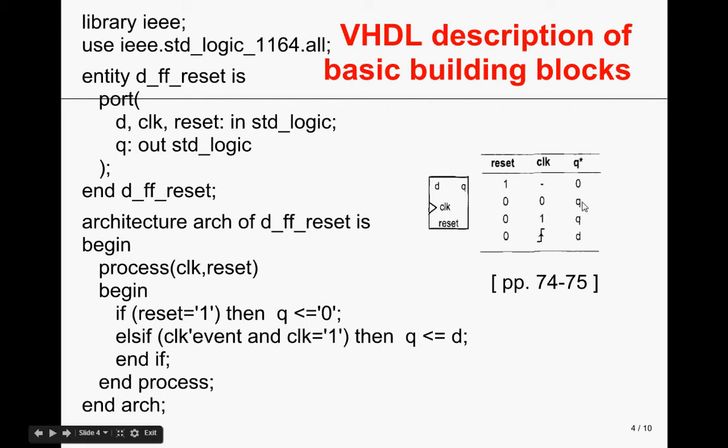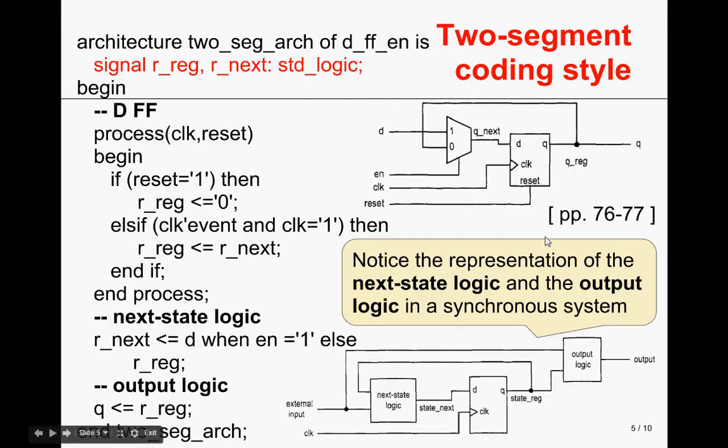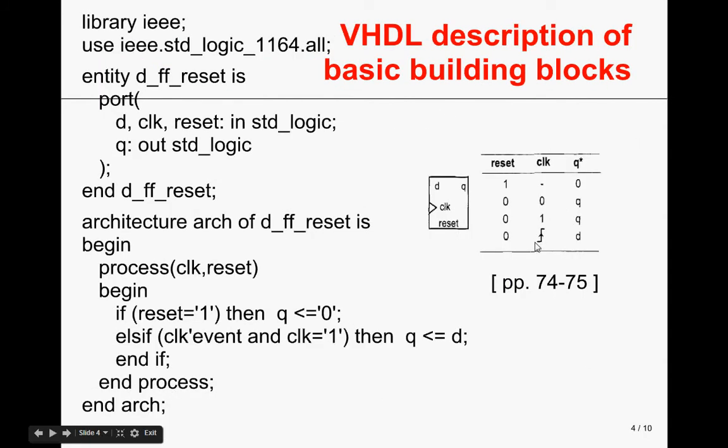What this truth table tells us is that the output of the flip-flop will retain its value, except when the reset input is asserted to 1, in which case the output goes to 0 immediately, or when there is a rising edge in the clock signal, in which case the output takes the value of the input. So when we have a rising edge in the clock, the input D is copied into the output Q.